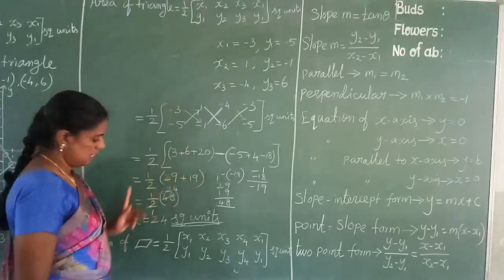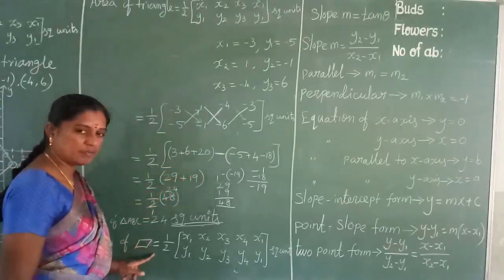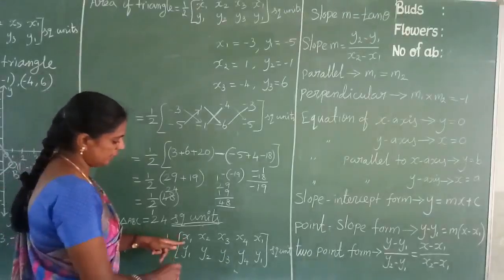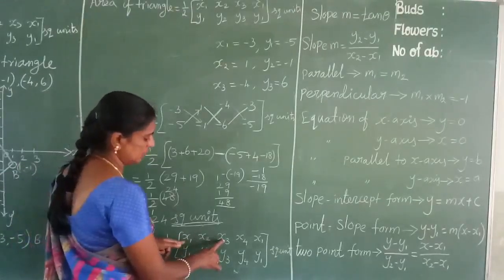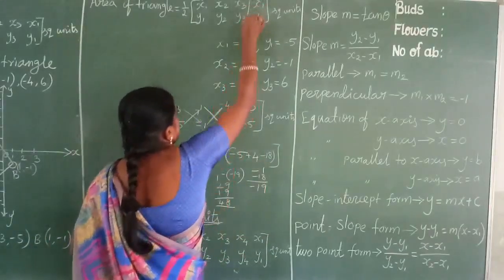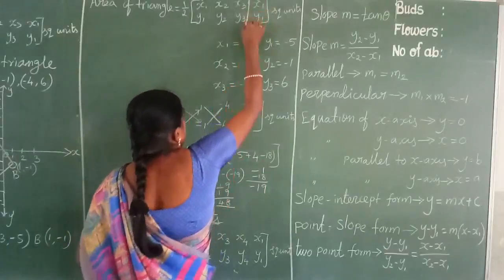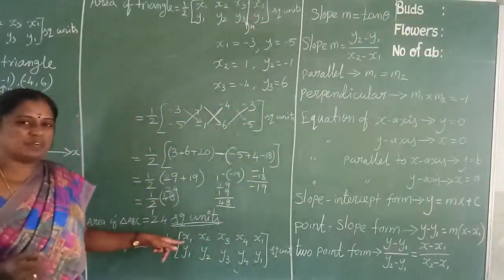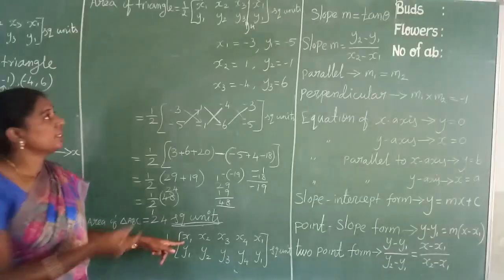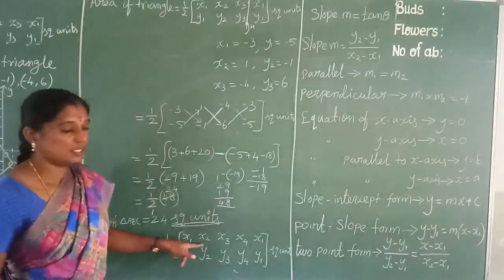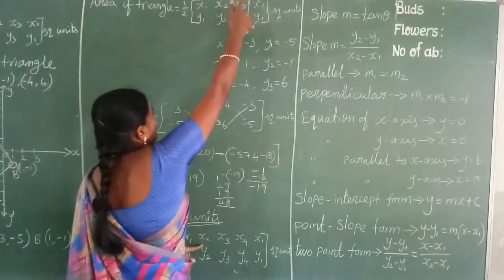Is it clear? Here, area of quadrilateral. Quadrilateral means 4 points. That is also the same method, but with 4 points you write x1, x2, x3, x4, again x1. In this place you insert x4, here y4, that's all. So what is the difference between area of triangle and area of quadrilateral? Area of triangle means 3 points, area of quadrilateral means 4 points. So in a triangle you write x1, x2, x3, again x1.